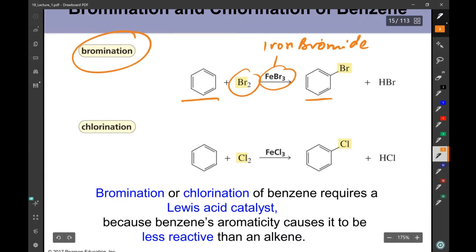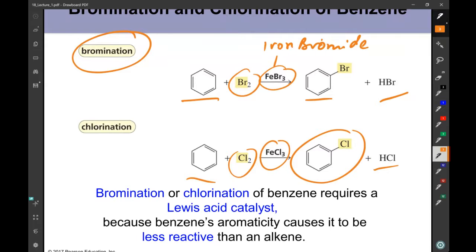And that leads to your substituted product and the formation of HBr as byproduct. Same thing with the chlorination of benzene. You have chlorine reacting with the benzene ring in the presence of iron chloride to form your final product, chlorobenzene.